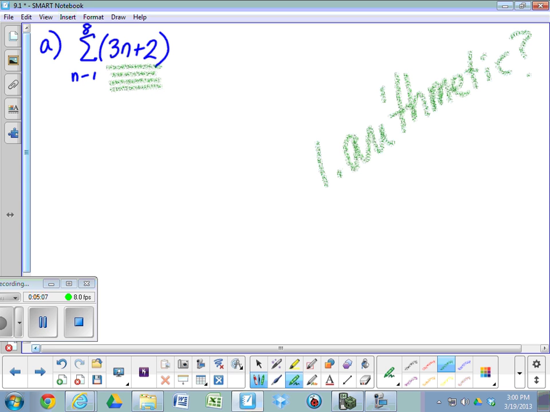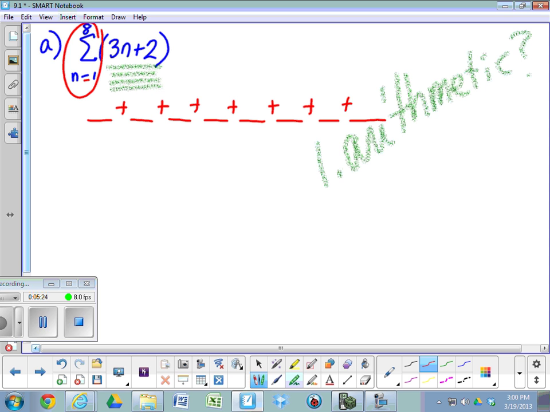All right? So, listen, we could do it the long way. Plug in 1. Here's the long way. How many houses are on the street? 8. Ranging from the first house on the street to the last house, which is number 8.